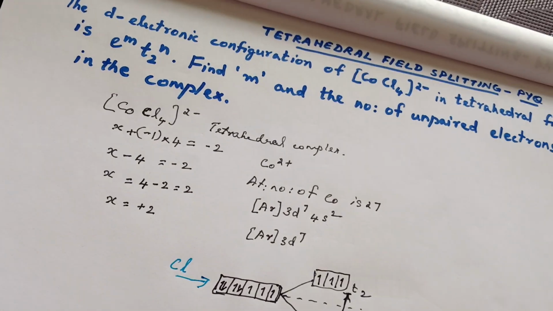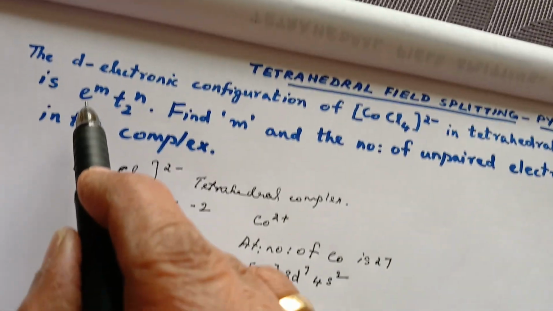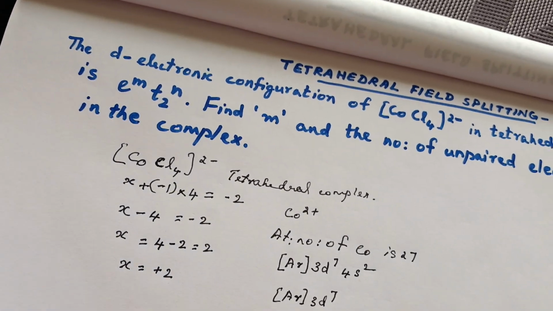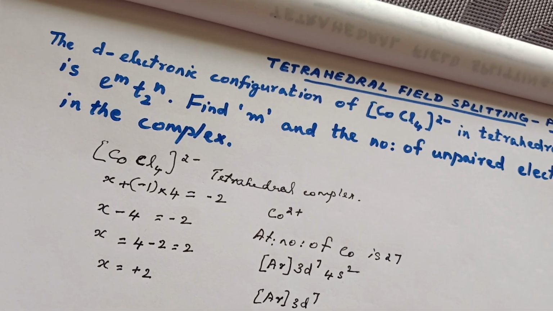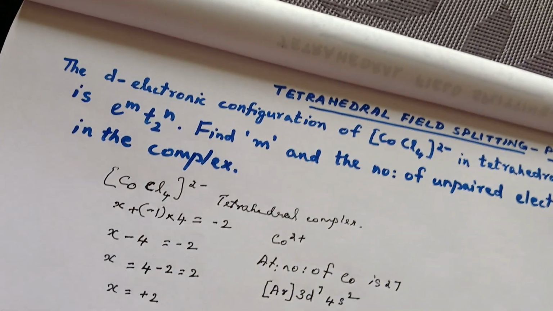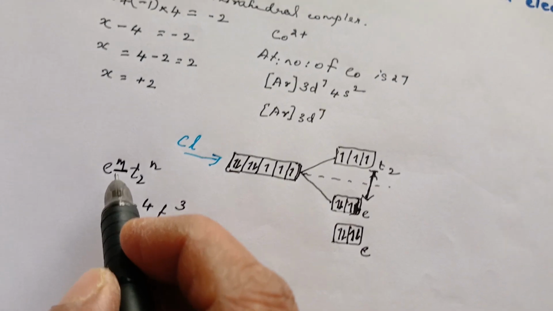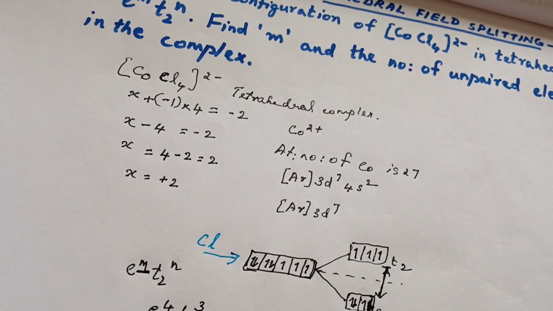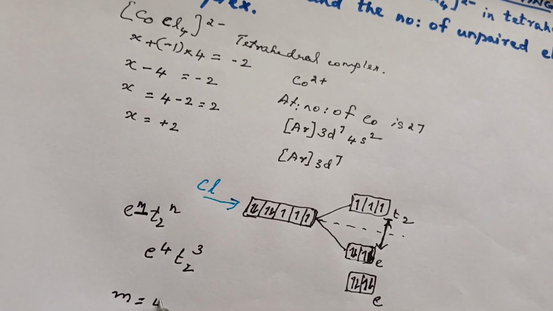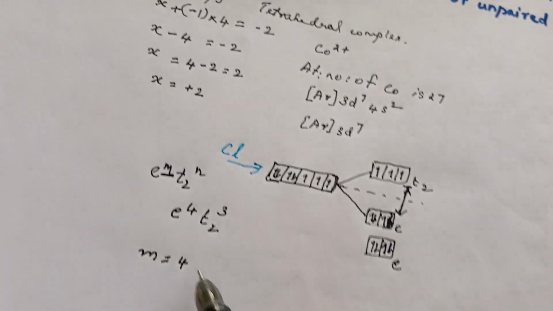Now we have been told that the d-electronic configuration in the tetrahedral field splitting is e^m t2^n. What we have to find is this m. We are asked to find m here. So here we have 4. That is, m is equal to 4, the number of electrons in the E set.